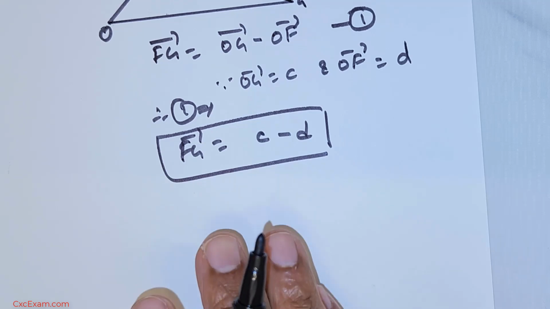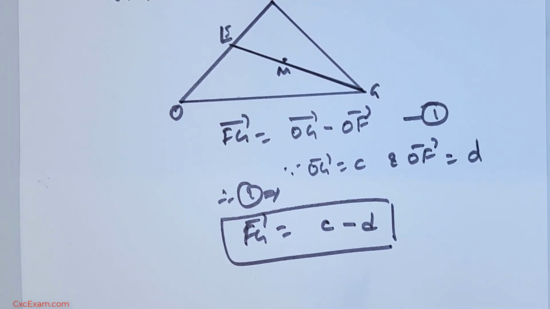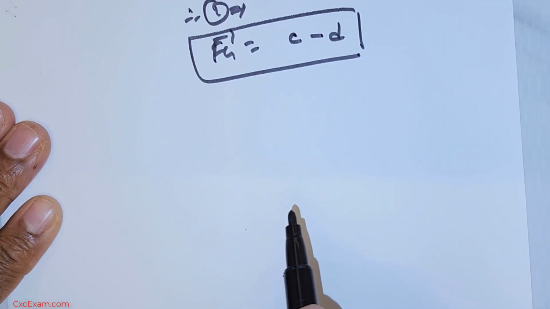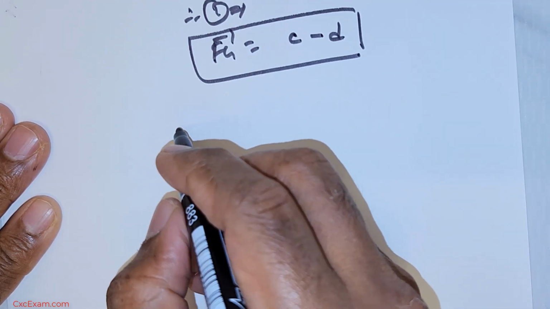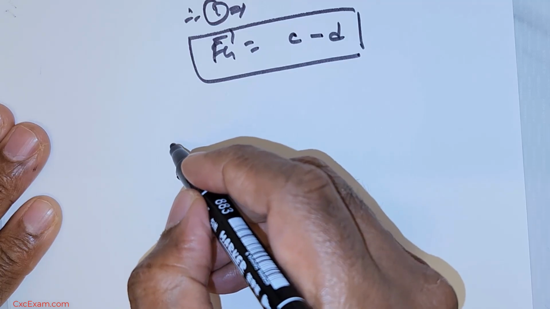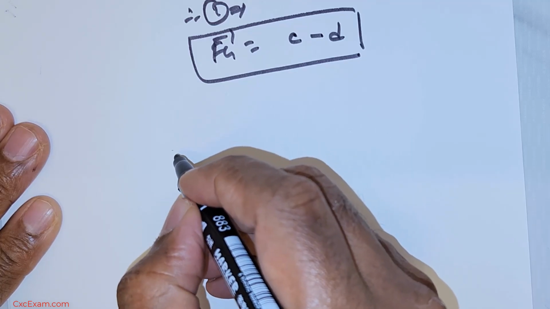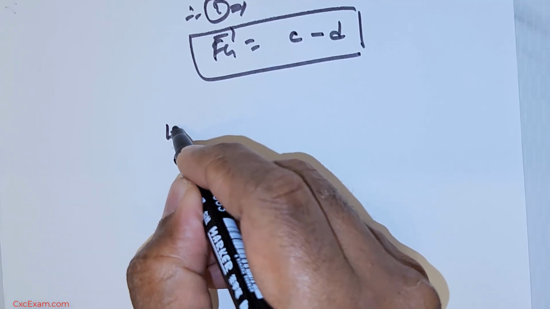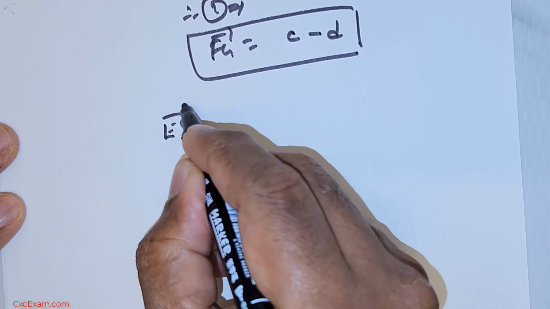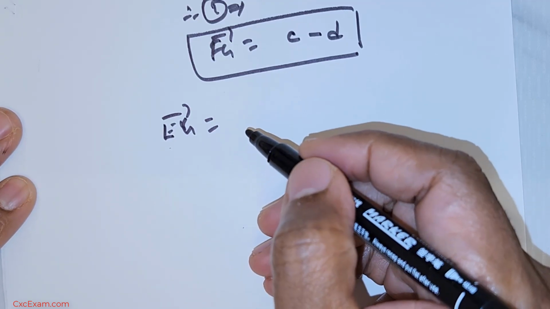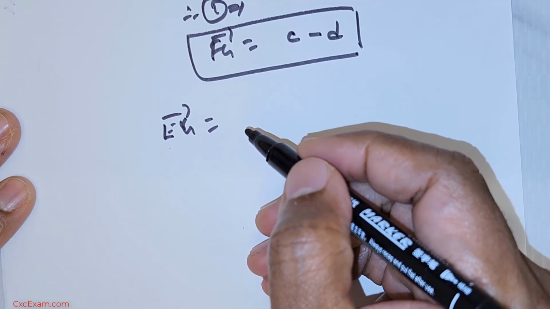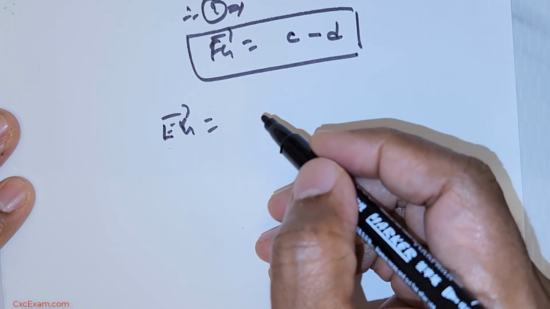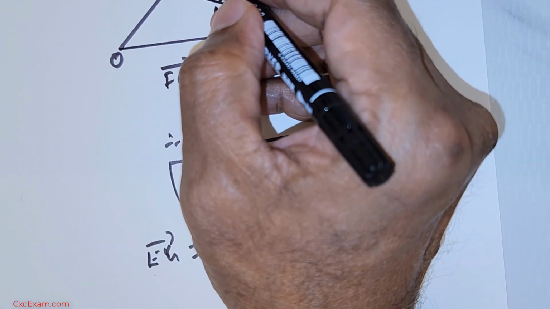Now next is we are asked to find EG, right? We need to get EG. Now let me write EG first. What is actually EG? EG vector, from the property, I need to give one more point.